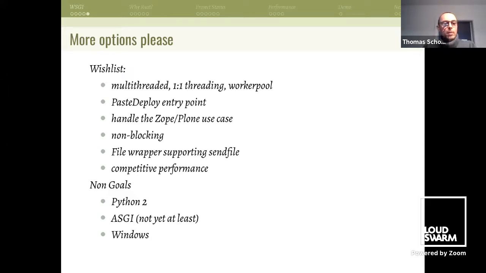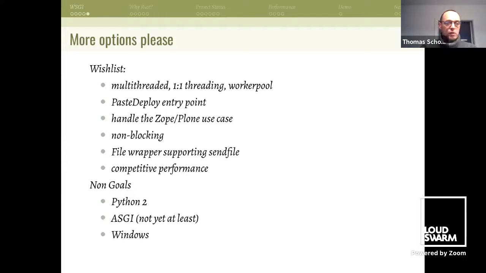So I put up my personal wish list. I wanted a multi-threaded server doing one-to-one threading using a worker pool, because that is the threading model that works with Zope. I wanted a PasteDeploy entry point because I like that on Waitress. It's very cool because it makes WSGI servers a pluggable component that you can exchange easily. I wanted it, of course, to handle the Zope and Plone use case.